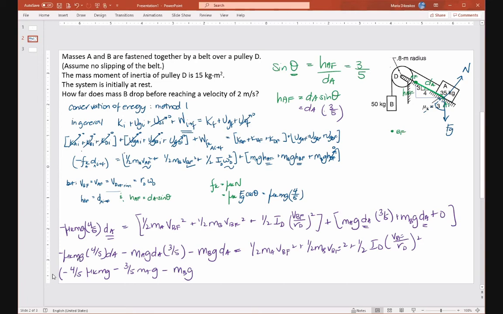Oh, this one was A here. Should put A because it's the friction on A. We factored out the dA. Now this is just one big number. We have all the values for this thing. All I'm going to do is rewrite it.